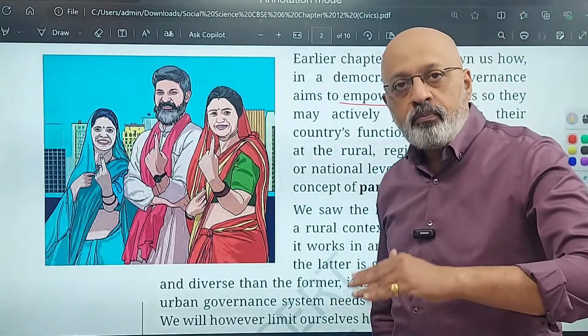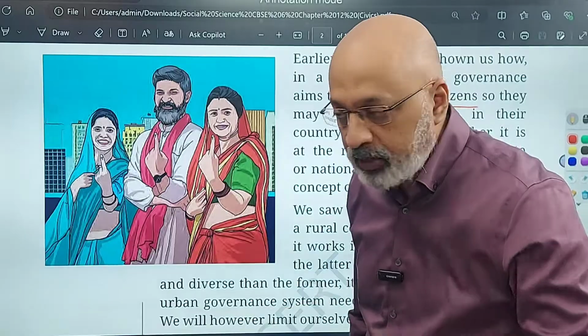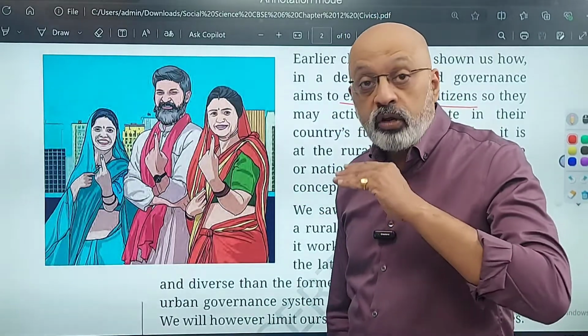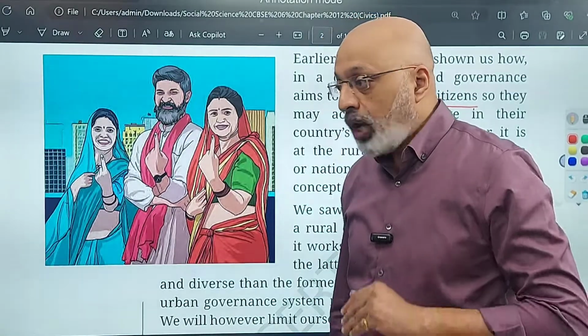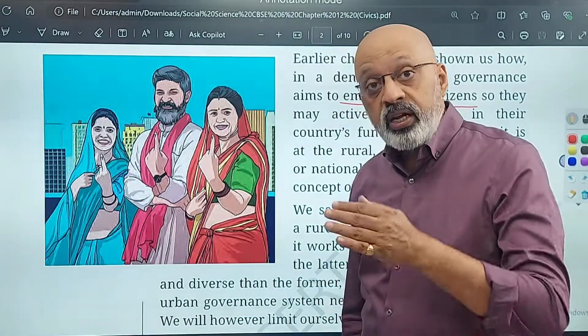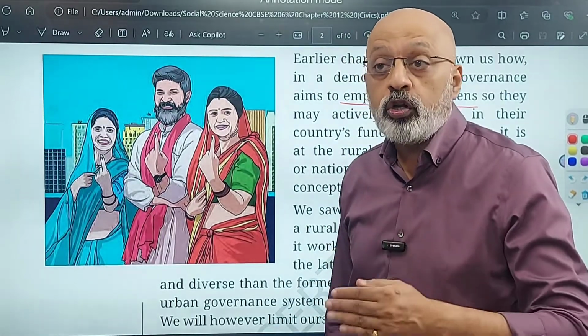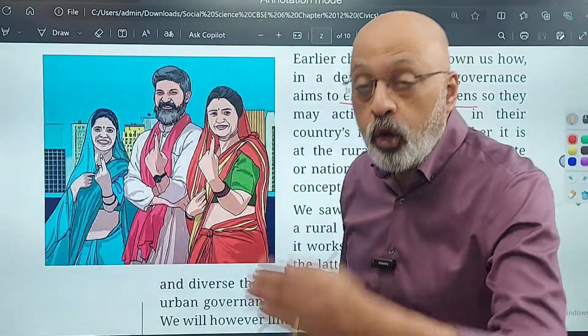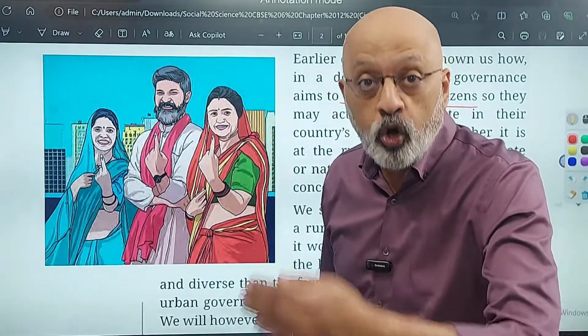So at the village level you are voting for the panchayat, at the district level you are voting for the Zilla Parishad, at the state level you are voting for your MLA. In an urban city you will be voting for the corporator in the local municipal corporations.